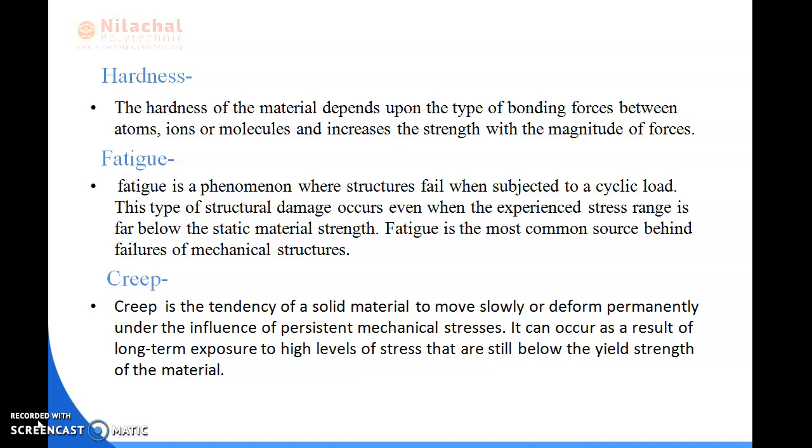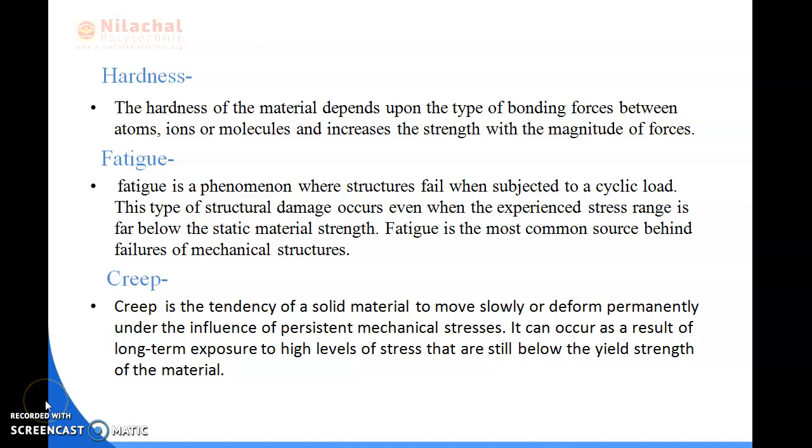The crack will continue to grow until it reaches a critical size, which occurs when the stress intensity factor of the crack exceeds the fracture toughness of the material, producing rapid propagation and typically complete fracture of the structure. So basically fatigue depends upon the toughness of the material and the stress intensity.